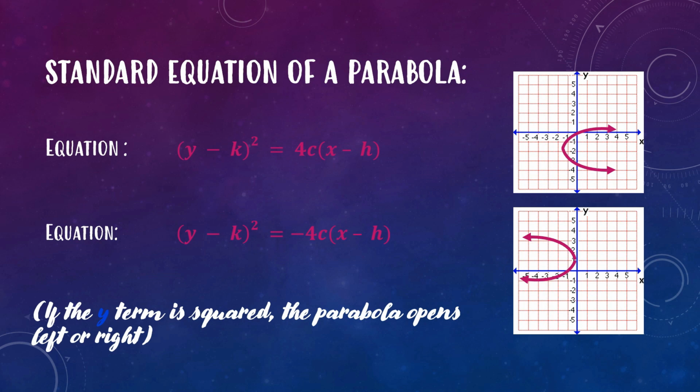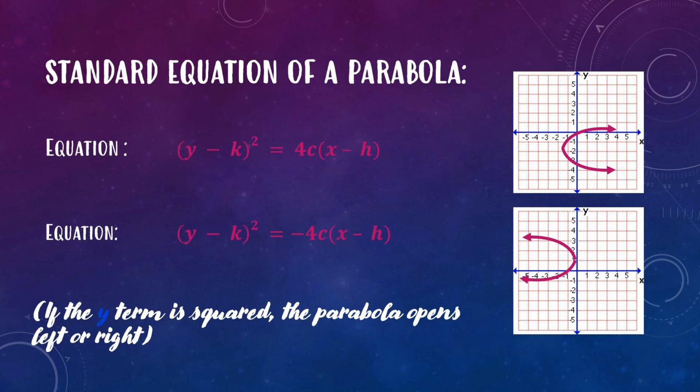Okay. For left, the equation should be, again, the y term is squared, so we have y minus k squared, and then our 4c is negative. So if negative 4c, y minus k squared, then our parabola opens leftwards, or it opens toward the left.